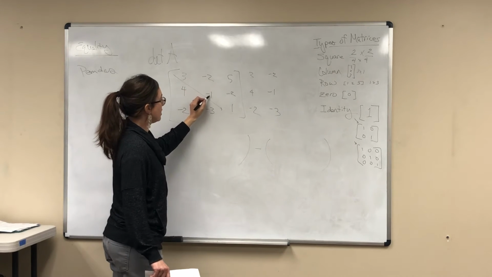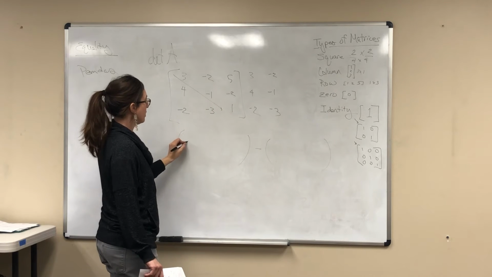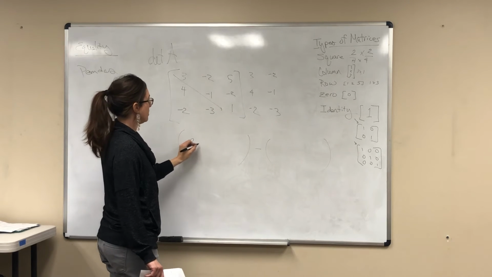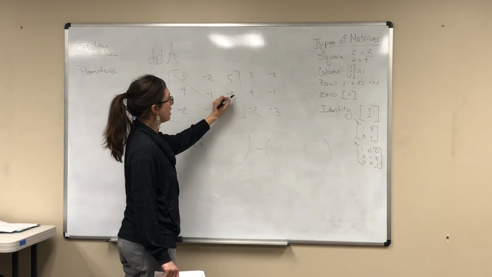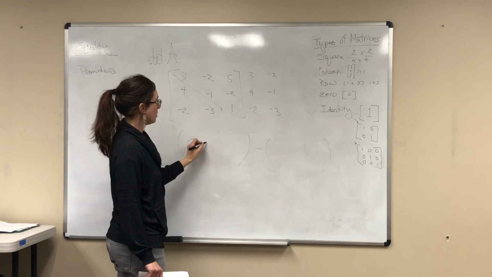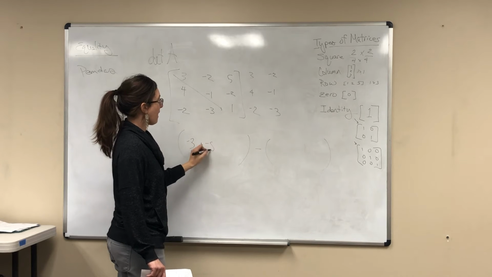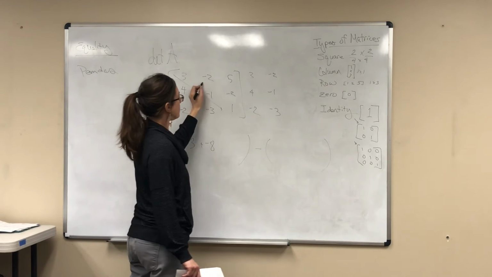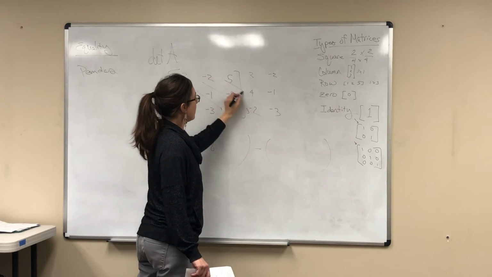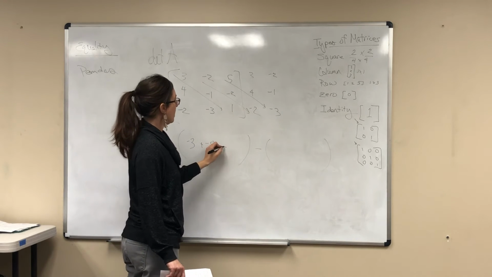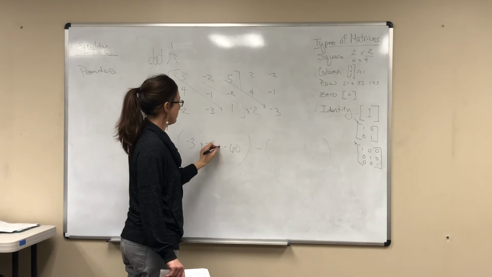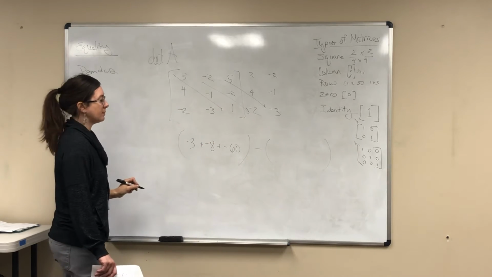3 times negative 1 times 1. So negative 3. I've got negative 2 times negative 2 times negative 2. Negative 8. Right? 5 times 4 times 3. Negative 60. Right?